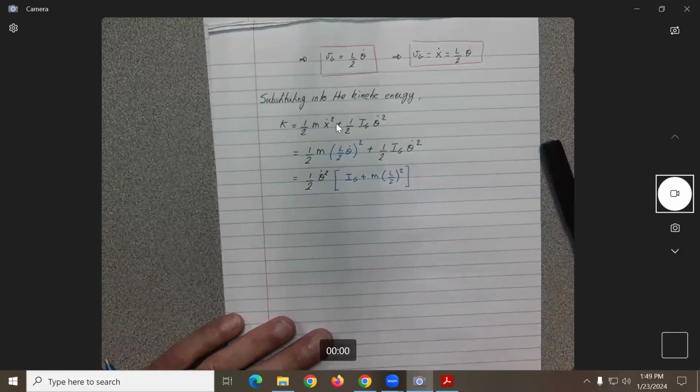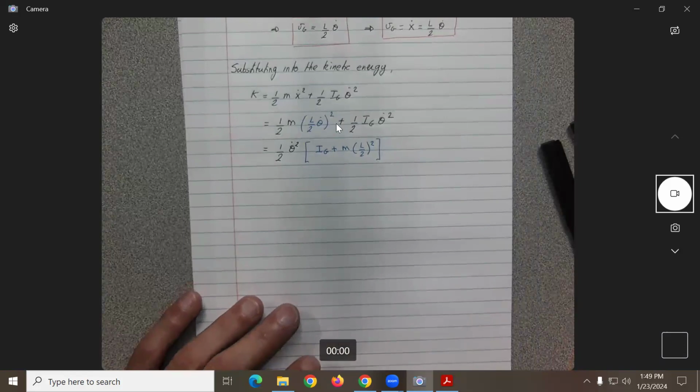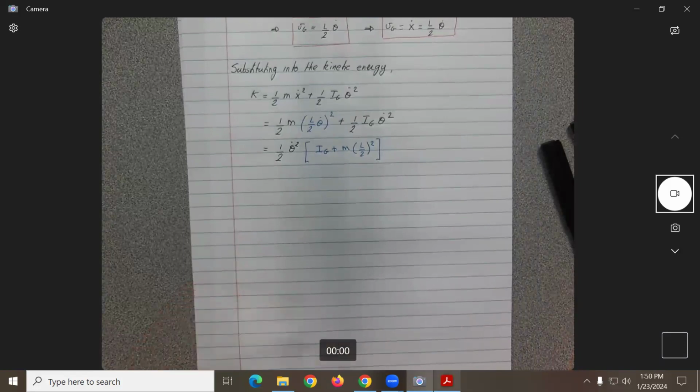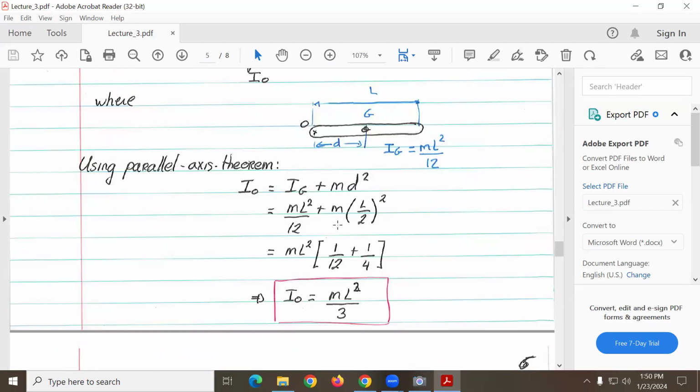Yes or no? Okay. What is this? Is this exactly the same as this? Yeah. So really, this term over here is what? I sub. Oh, no?